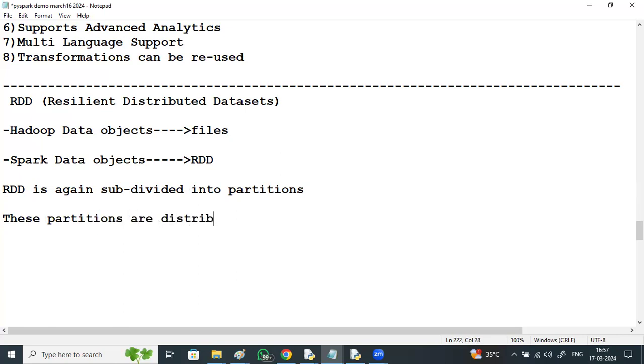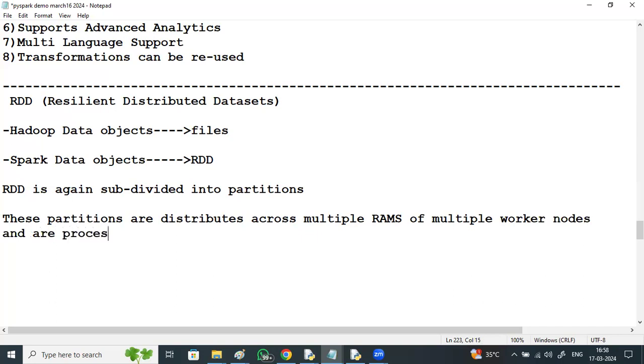These partitions are distributed across multiple RAMs of multiple worker nodes, and are processed parallelly.